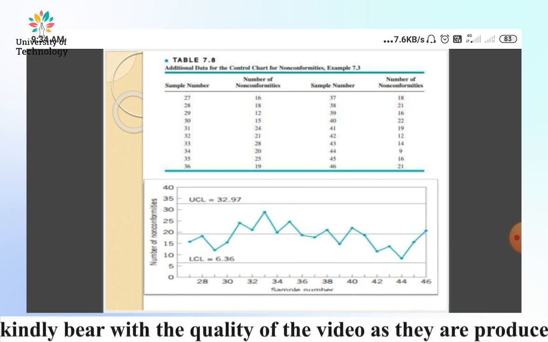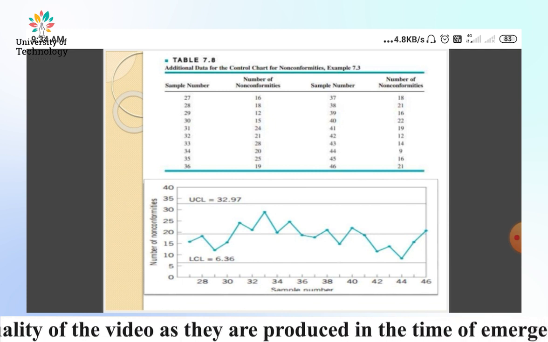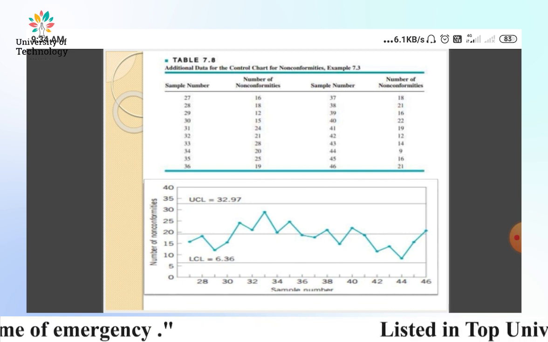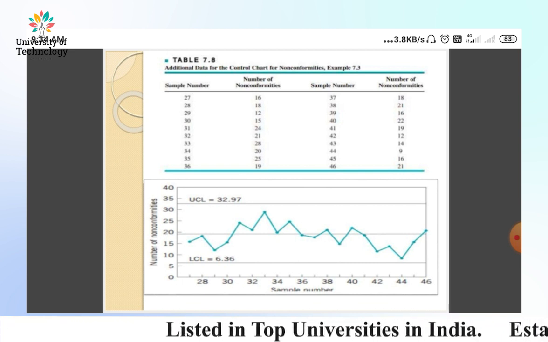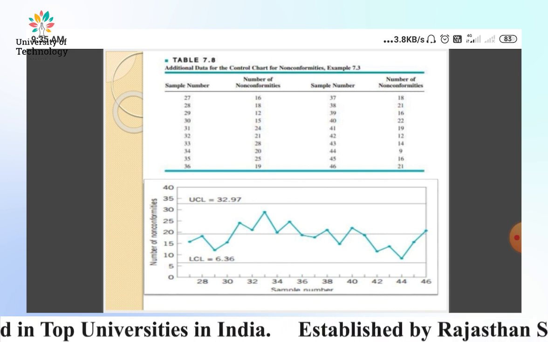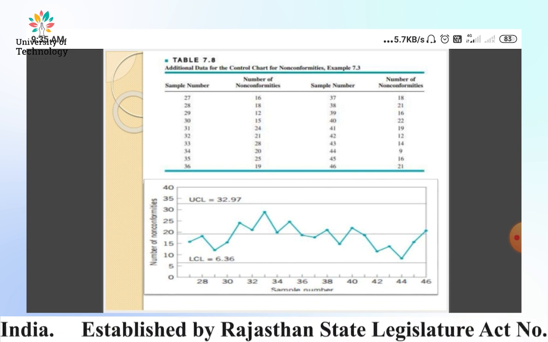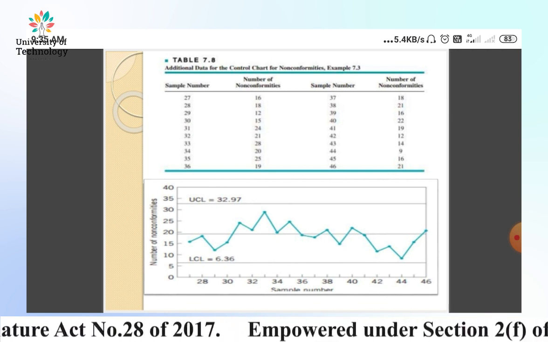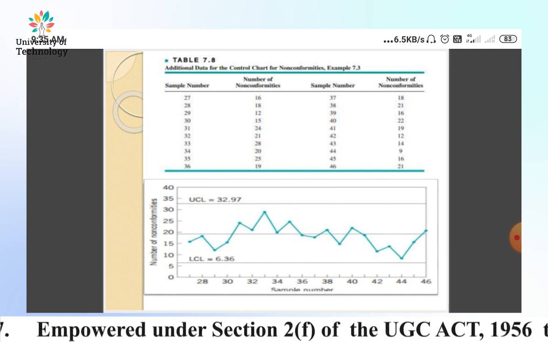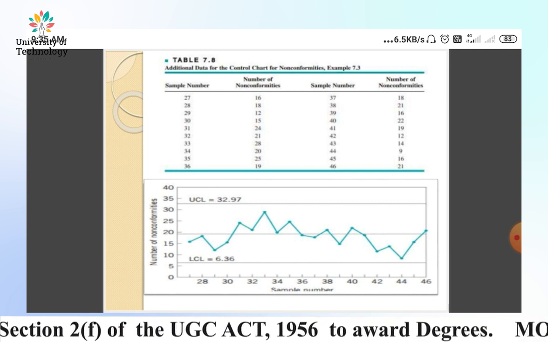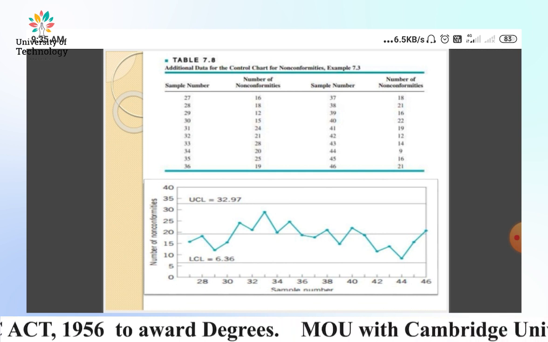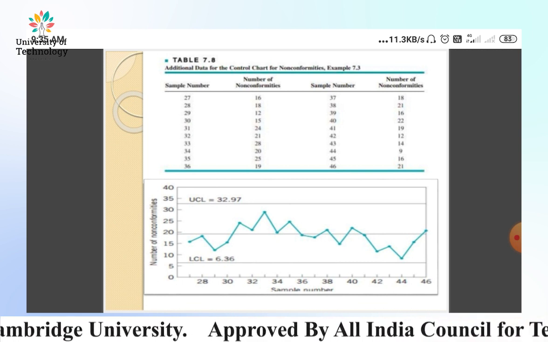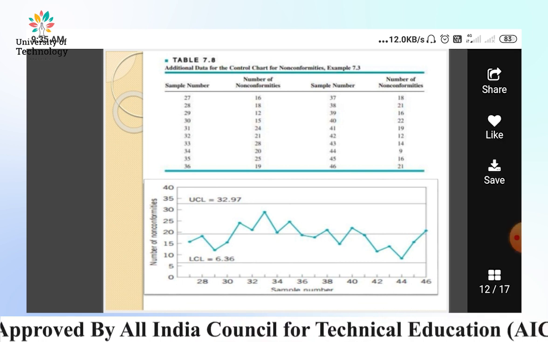So, as explained by the previous examples or previous problems of control charts, we can easily solve this problem. I suggest that students solve the problem using the approach of the previous problems, for practicing the control chart problems that come in the university exam.